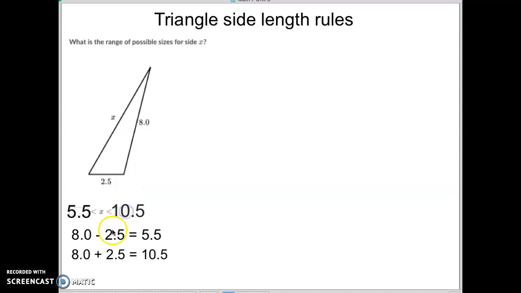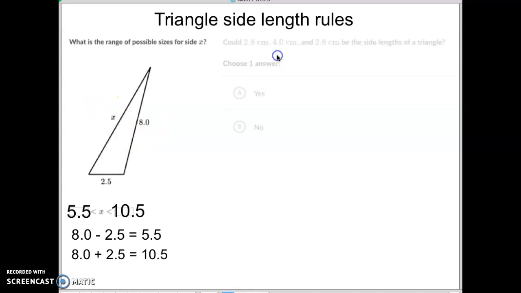So by adding these two sides together, it gives us the top end of our range. And by subtracting these two right here, it gives us the bottom end of our range. Okay, so just something to think about how to do that. You just simply subtract them to find the bottom end of the range. You add them to find the top end of the range.